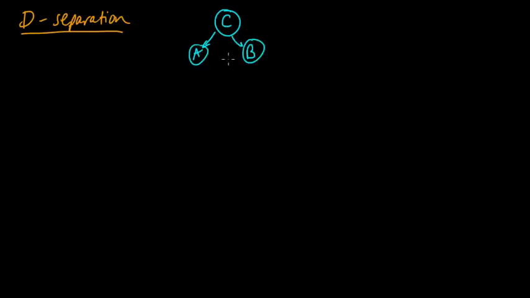And we looked at the case where we had A and B conditionally independent given C. We had this tail to tail type of relationship. And then we had another one where we had A going to C going to B, and this was a head to tail or tail to head type of relationship.